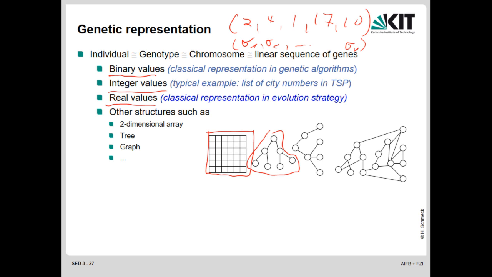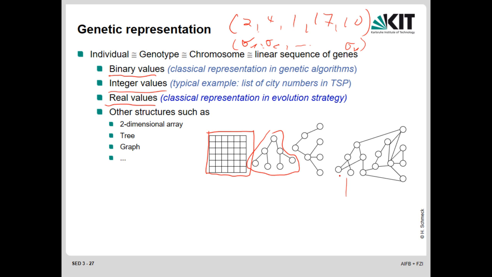Maybe it is a program which I would like to generate, and then I have a tree structure, which is showing the different control lines of a program, or some arithmetic expression that is used for calculating certain values. And then it would not make sense to represent a tree as a sequence of zeros and ones. You can do that, you can code it like that, but maybe it's more natural to use a tree structure for that and then perform the genetic operators on those structures.